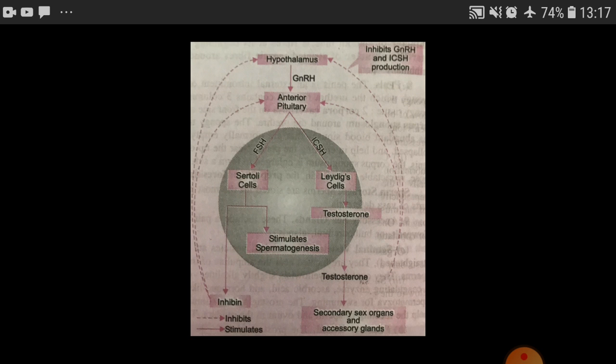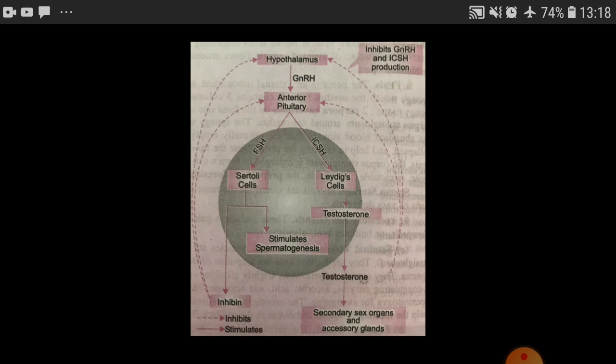The growth, maintenance and functions of secondary sex organs like epididymis, vasa deferentia, penis and accessory glands, that is prostate, seminal vesicles, Cowper's glands, etc., are under the control of male hormones, mainly testosterone secreted by Leydig cells of testes.